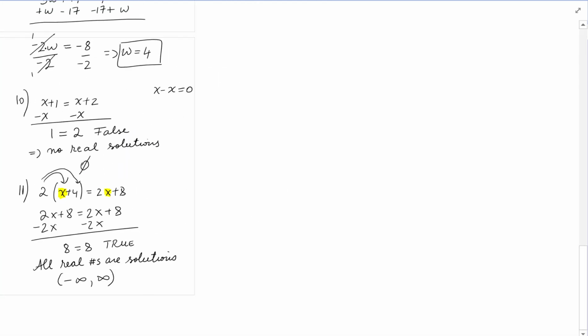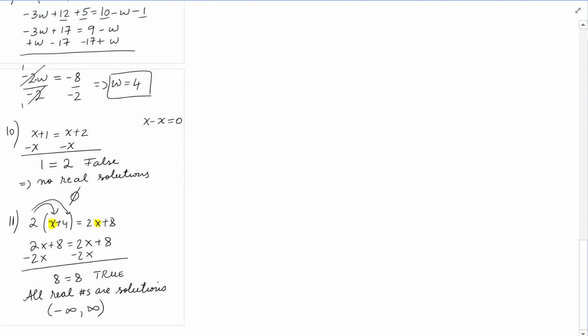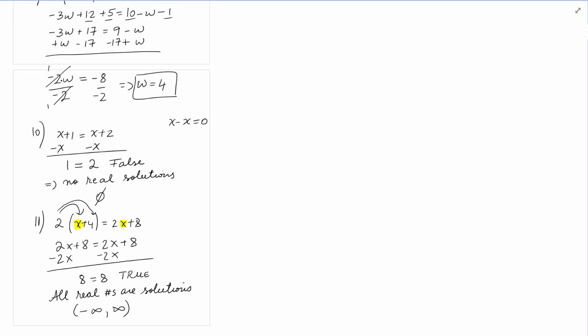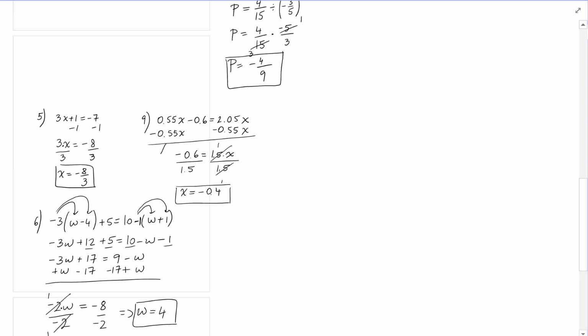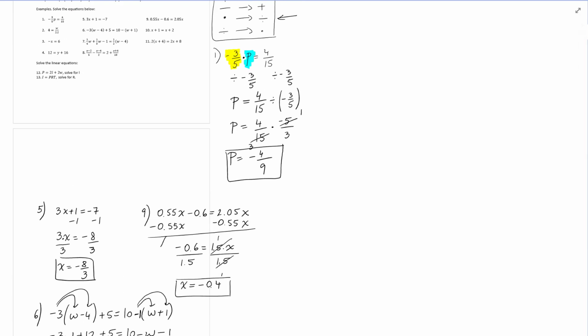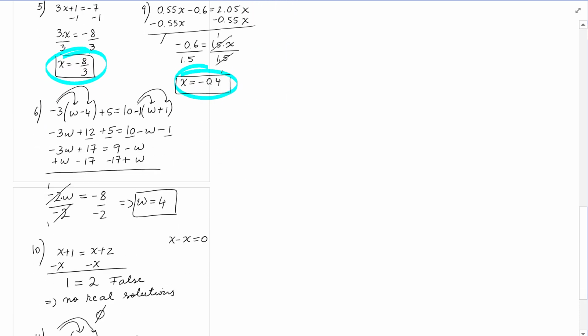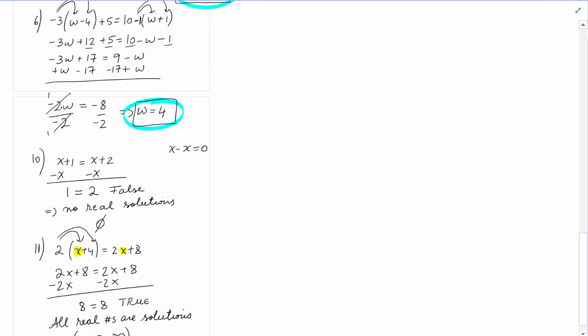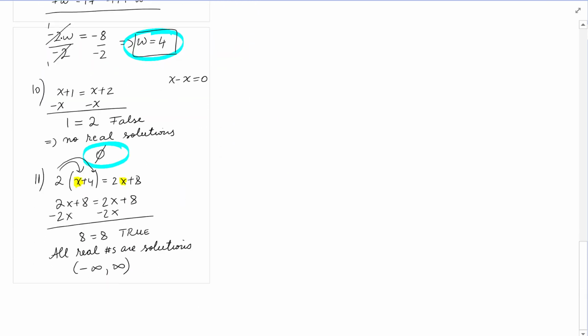So let's take a look at all we've done. If we were to draw a conclusion, we notice that in the majority of the problems when we started, we got one solution. Then we got no solution. And then we got all real numbers are solutions.